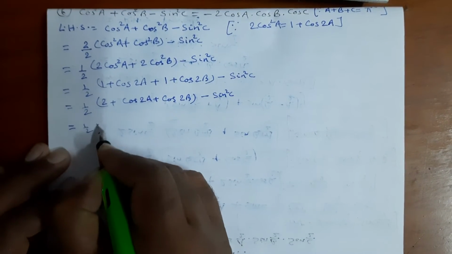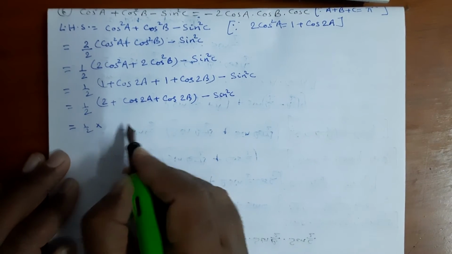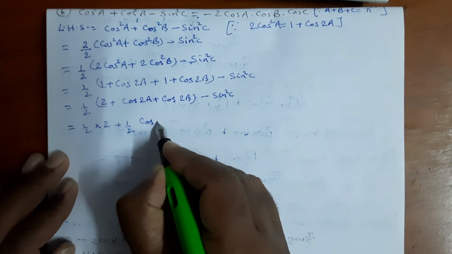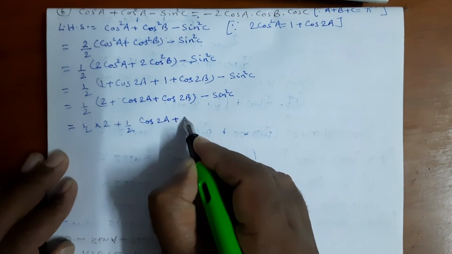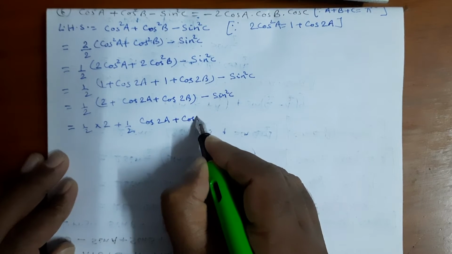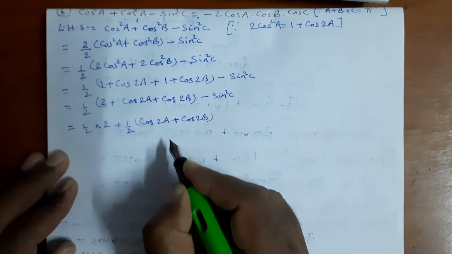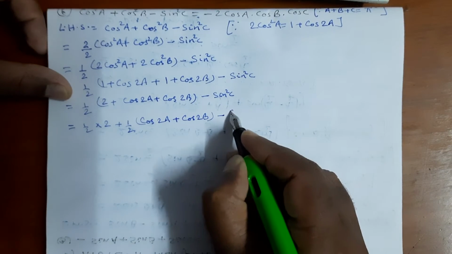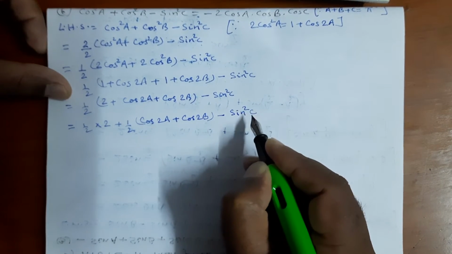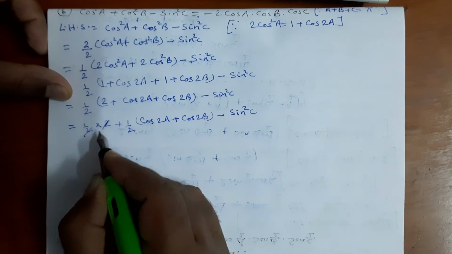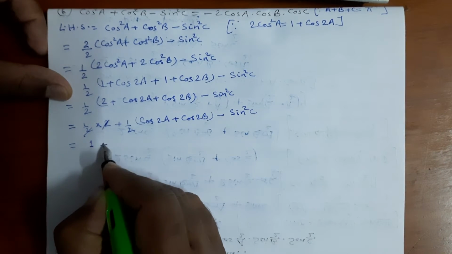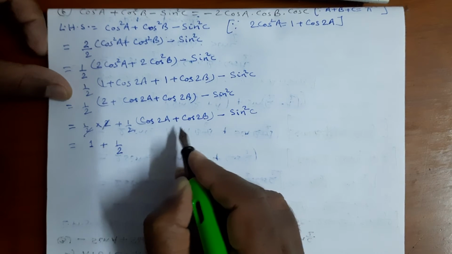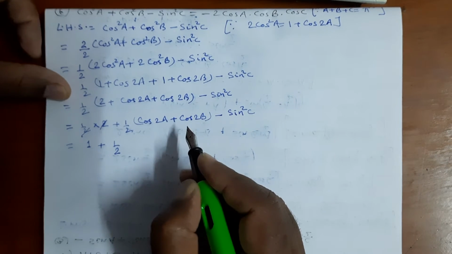Multiplying 1 over 2 to each term, 1 over 2 times 2 gives 1, plus 1 over 2 times cos 2a plus cos 2b, minus sin square c. Now again we can use the cos c plus cos d formula.